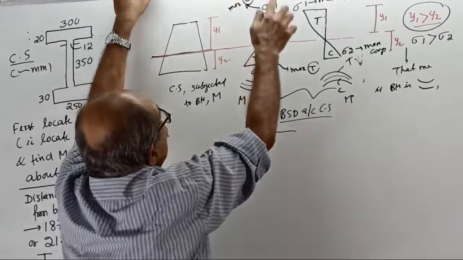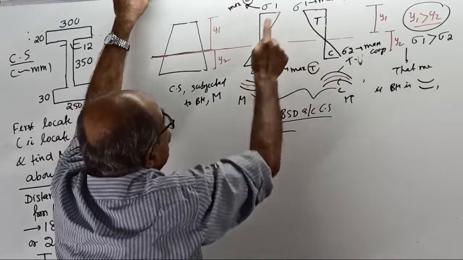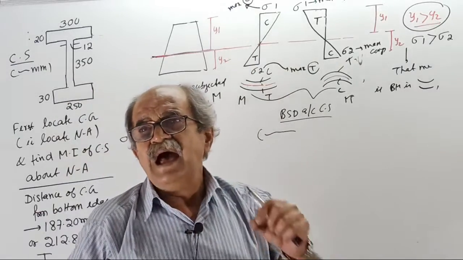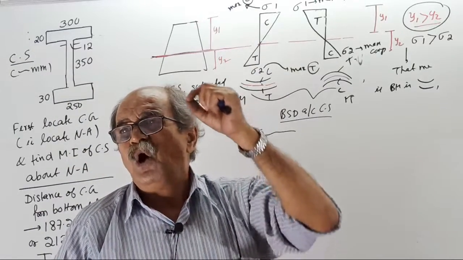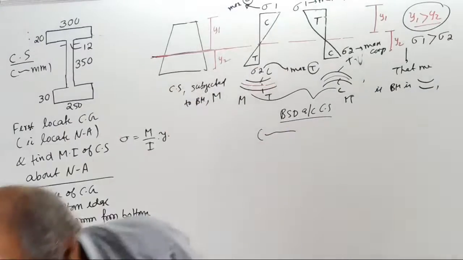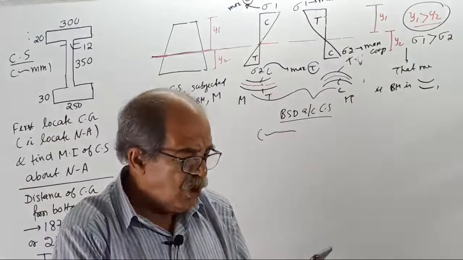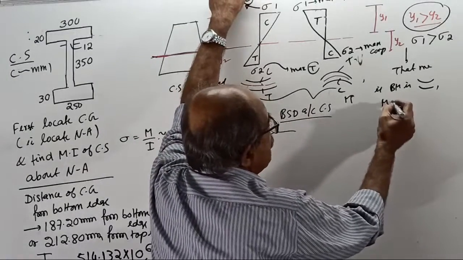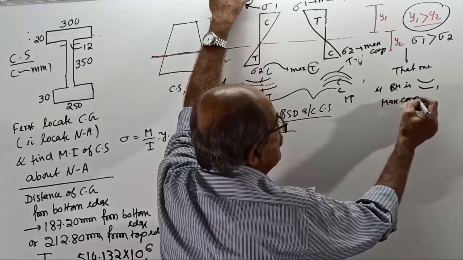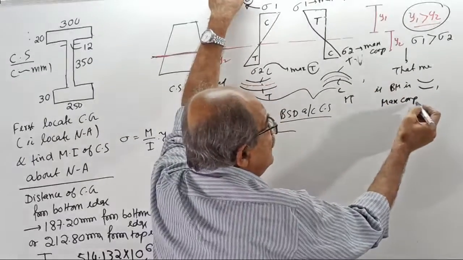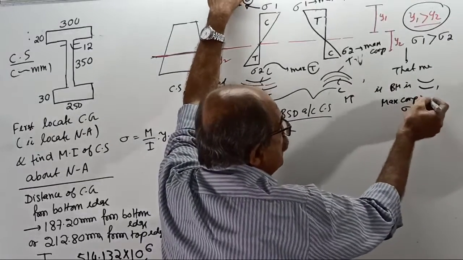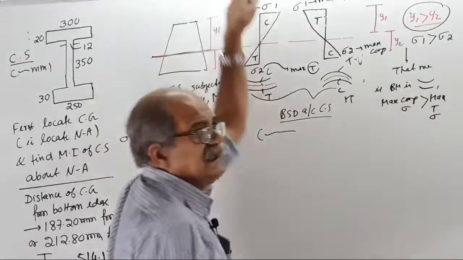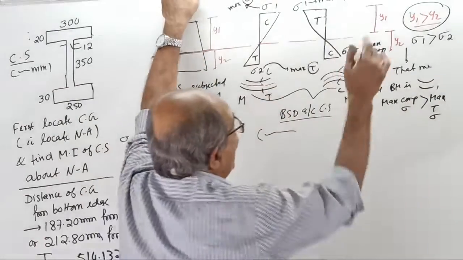Now, if the BM is sagging, sigma 1 more than sigma 2 means that due to bending, stress will be maximum on the compression side or the tension side. First, anybody on the road can tell: compression side. Then you write: maximum compressive stress is more than maximum tensile stress. Write correctly.